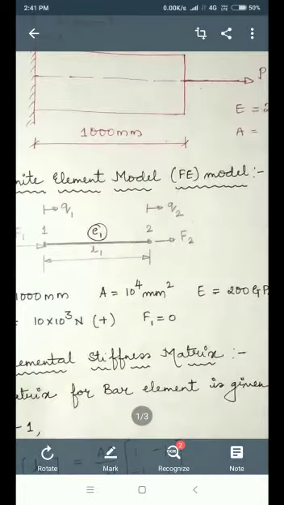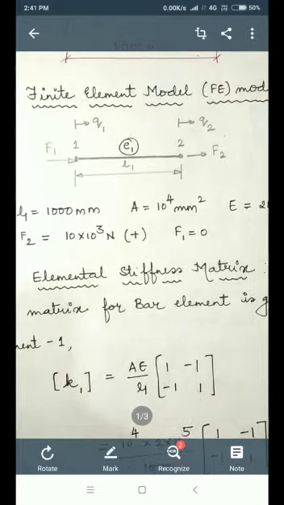Now second step is to find the stiffness matrix of bar element. The general equation is like this: K equal to A E upon L [1 -1; -1 1], where K is the stiffness matrix, A is cross sectional area, E is Young's modulus, L is the length of the element.